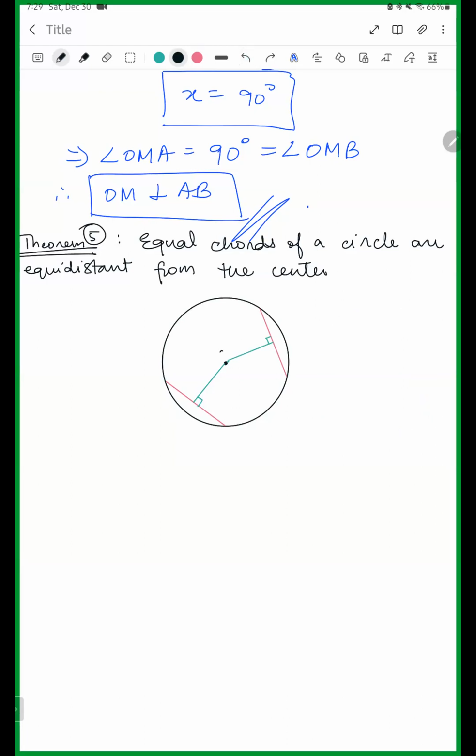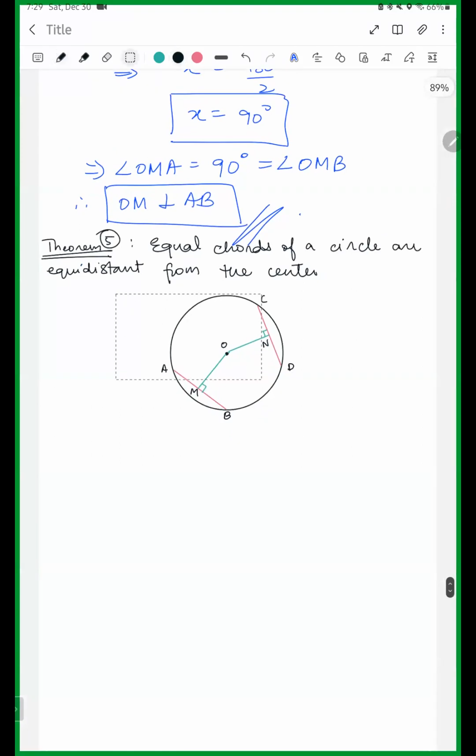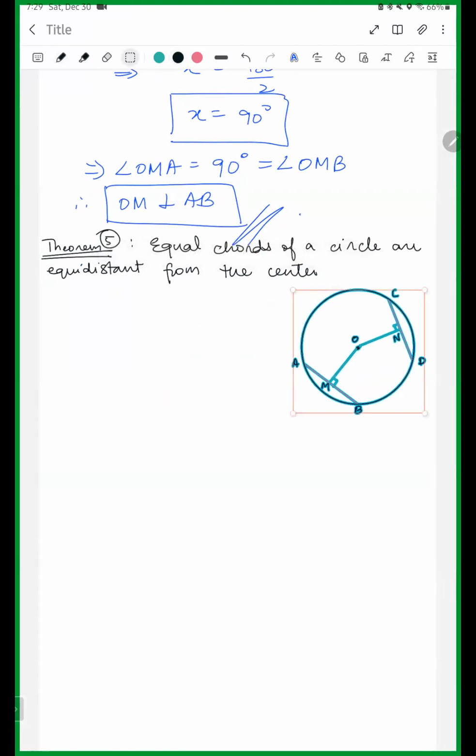So let's call it O, A, B, C, D, and let's call this M, and this N. Now what is given?